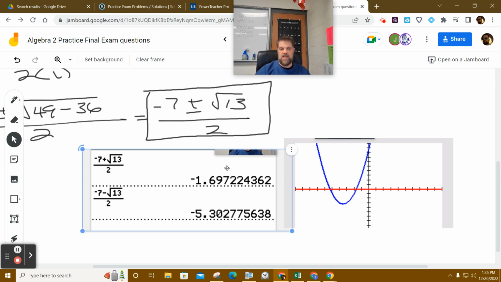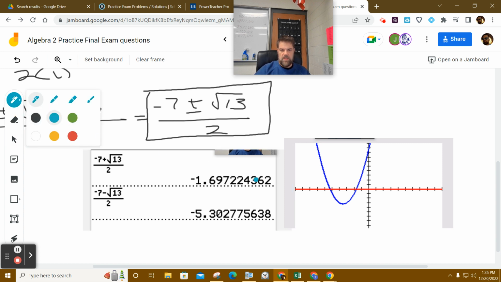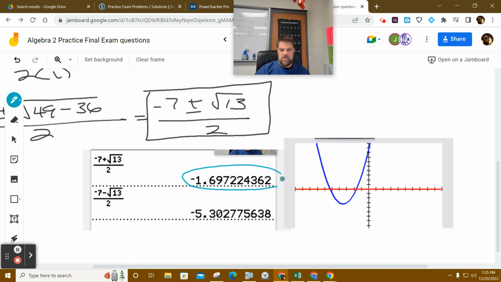And so what we're looking at is where these two cross. Oh, grabbed the wrong pen again. So this value here is the intersection here. And this value here is this value here, which occurs right here.